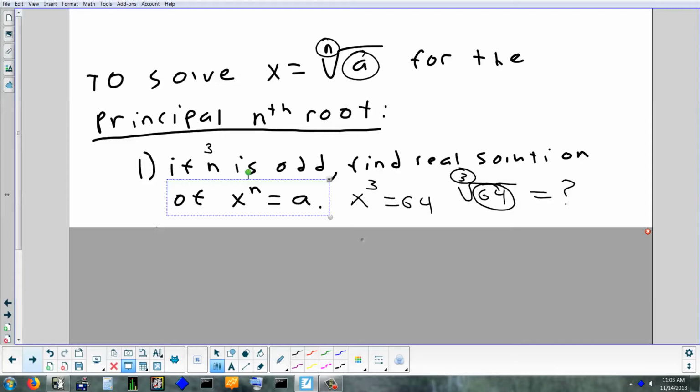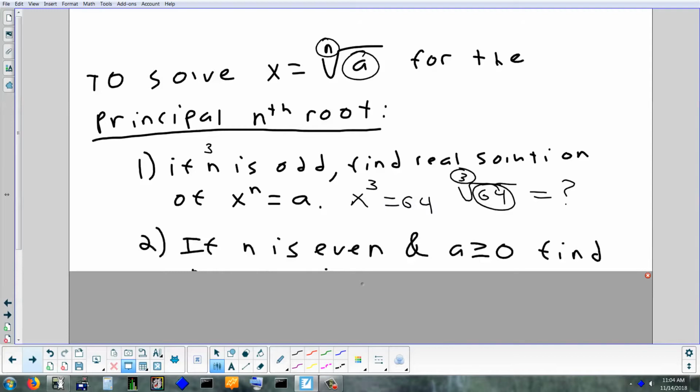There's a number you can raise to the 3rd power and get an answer of 64. If you can figure out what that number is, that's the answer to the question. What number would you raise to the 3rd power to get 64? Yeah, 4. So the cube root of 64 is 4. So when you're finding an odd root, just think of it this way. Some number to a power gives you 64, or whatever they're asking you to find.